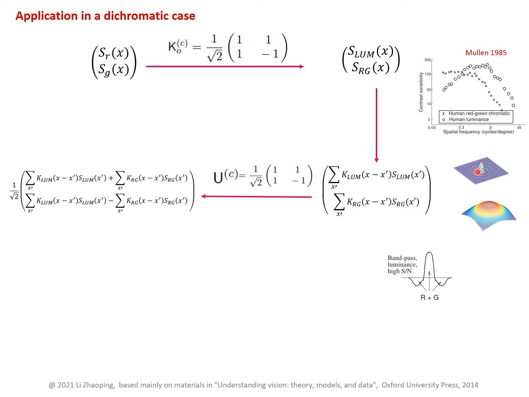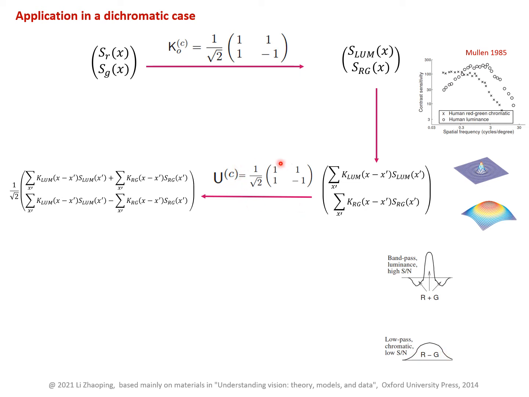So at each spatial location, the center is red plus green excitatory, and the surround is red plus green inhibitory. Similarly, let's copy this chromatic filter to its one-dimensional form. At each location along the horizontal axis, it's red minus green, a smoothing filter.